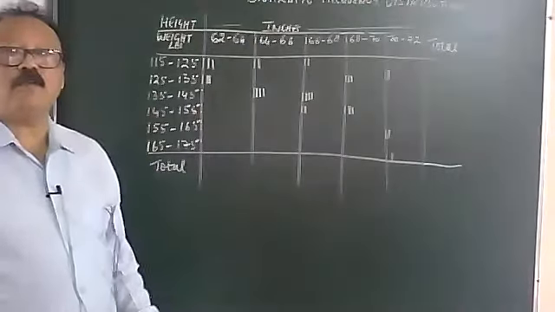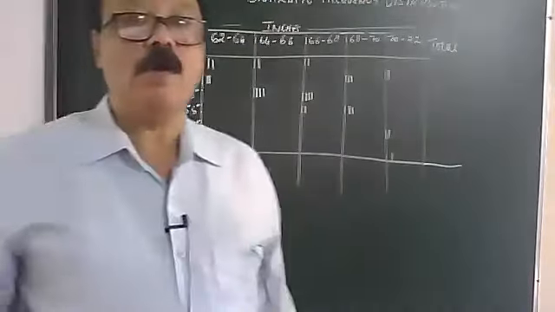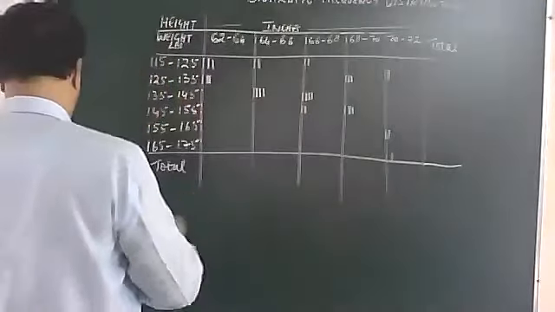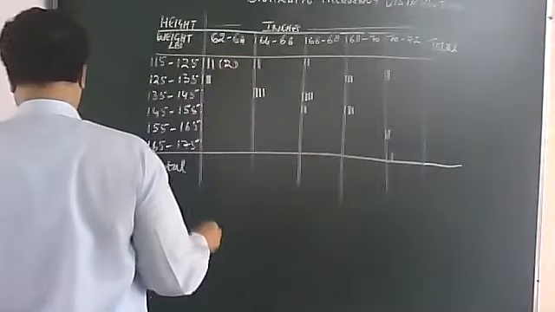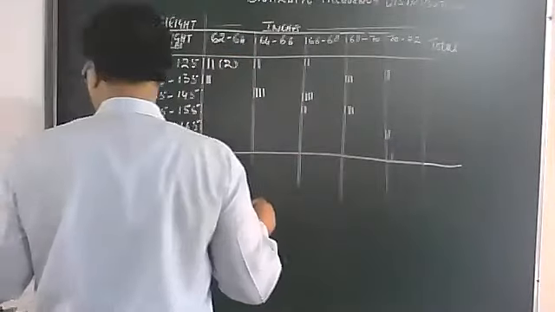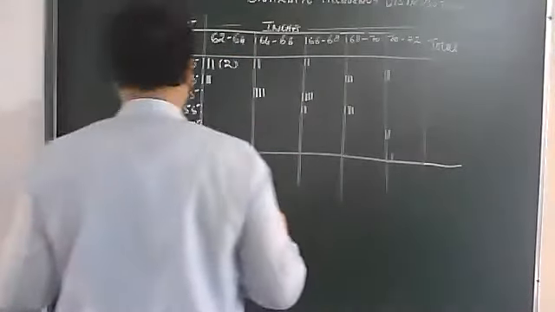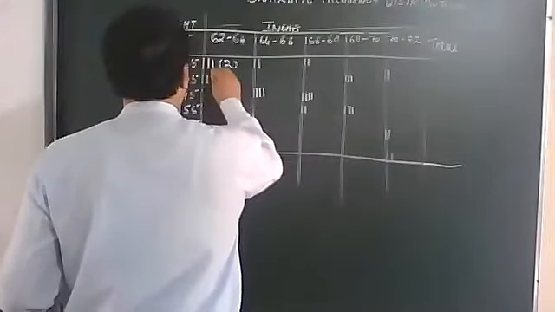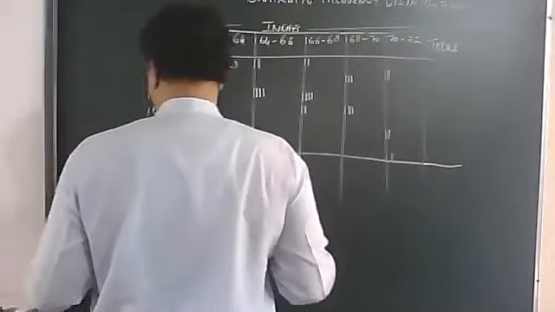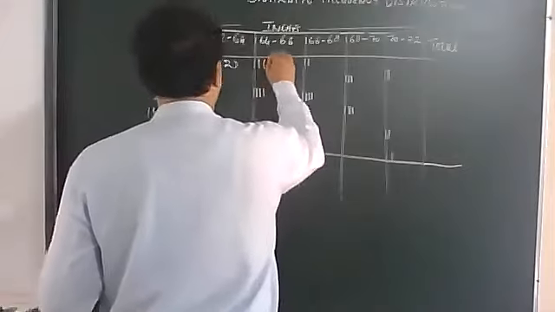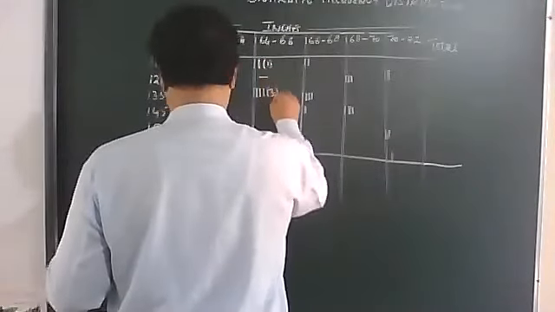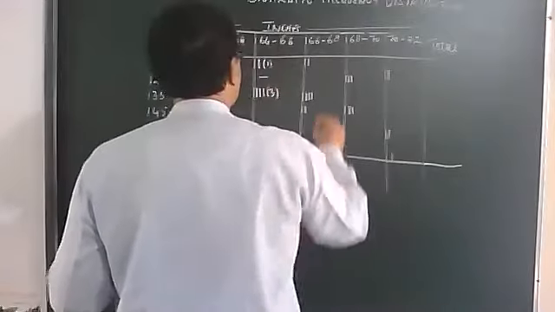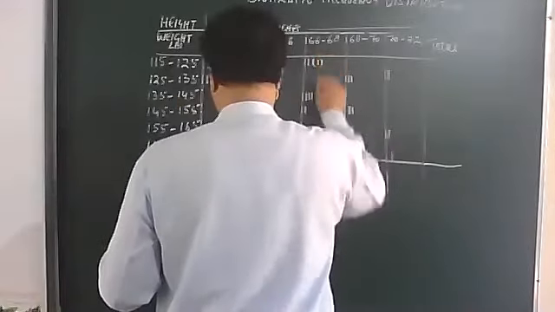Now, children, after you have plotted it like this, at the side, you will write the number of tally bars. This is 2. This 125 to 135 should be 1. This is 1. This is 3. Then this is 1.